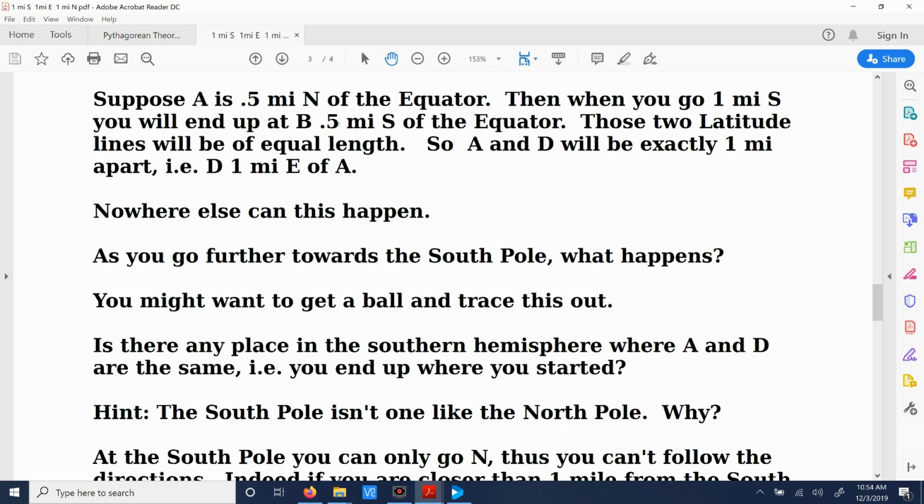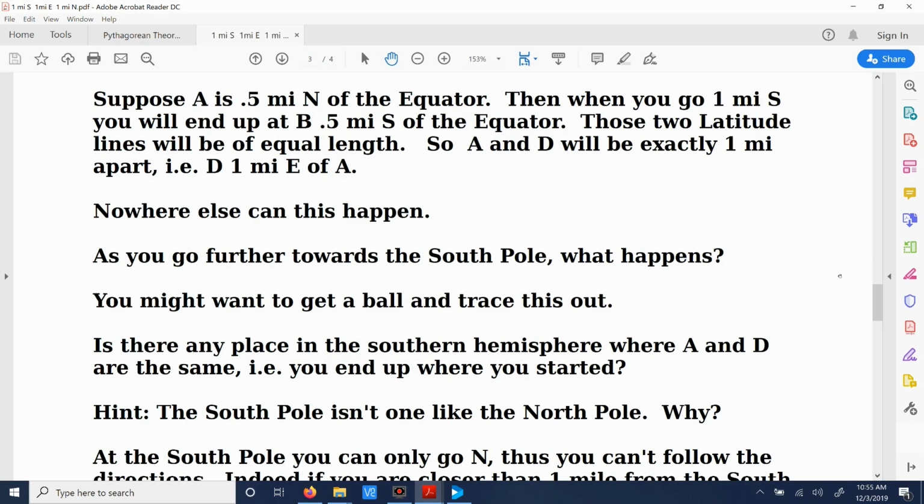So when you go east to C and then back up north to D, you're going to be exactly 1 mile east because those two latitude lines had the same length. Any latitude line in the northern hemisphere has a corresponding one in the southern hemisphere of the same length. Don't you see the symmetry? There's symmetry involved here.